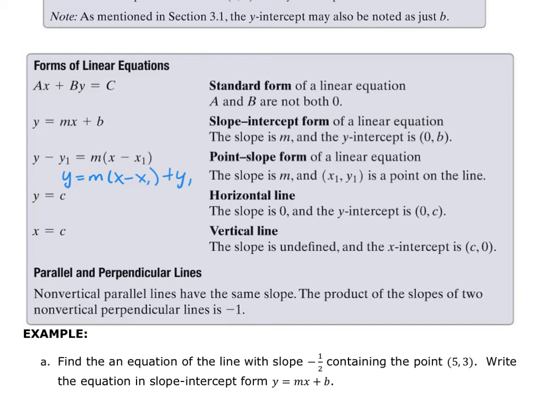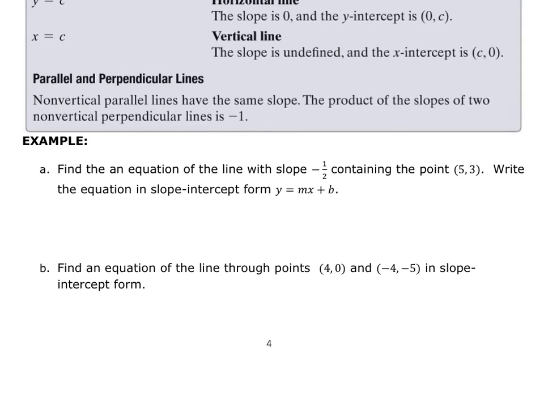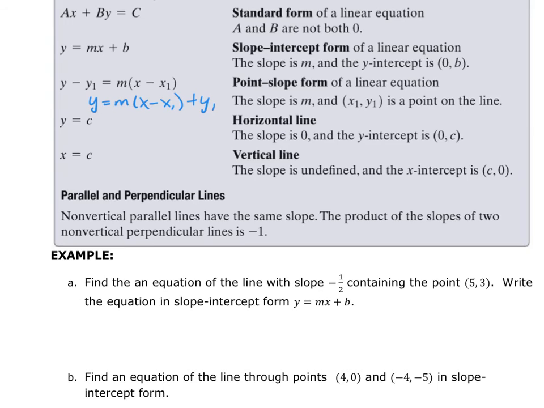We finally want to find the equation of a line with a slope of negative 1/2 containing that point. Then we want to write it in slope-intercept form. So I'm going to use this modified version right here. I'm going to use y is equal to m, because I have an m value, (x minus x1) plus y1, and then that'll allow me to put it right into this form.